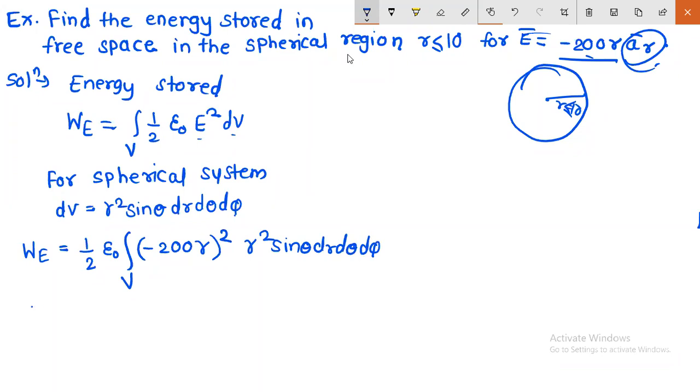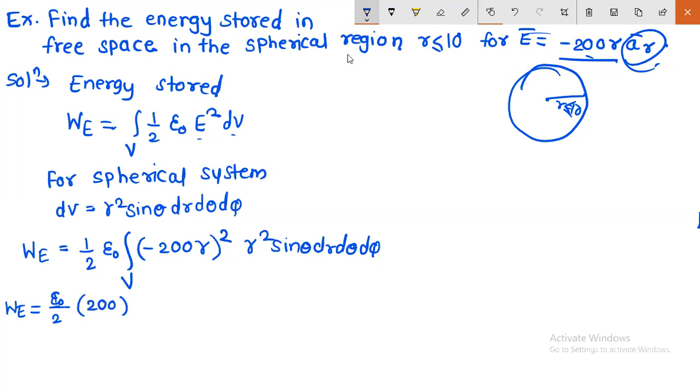Okay, so we is equal to 1 upon 2, or I'll write it as epsilon 0 upon 2. I'll take this constant also outside. I'll take this minus 200 square, means it will be plus only.